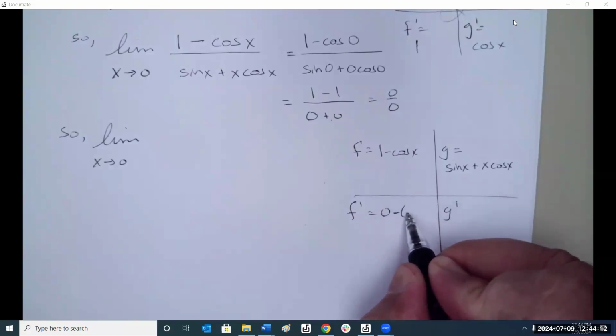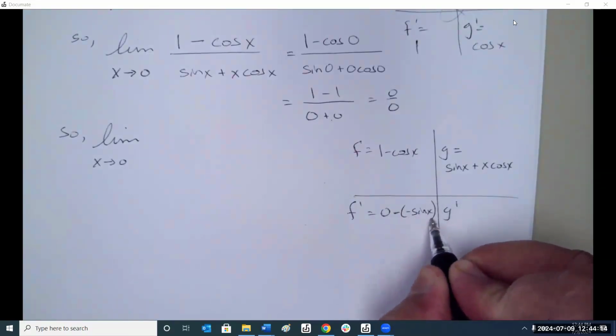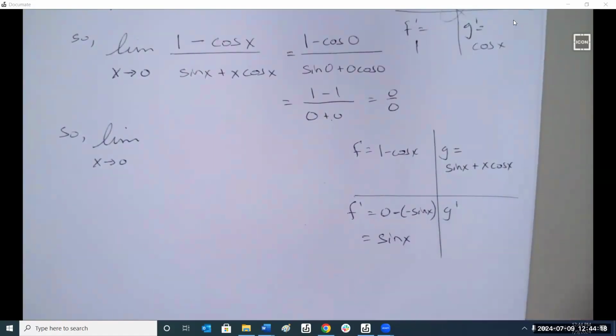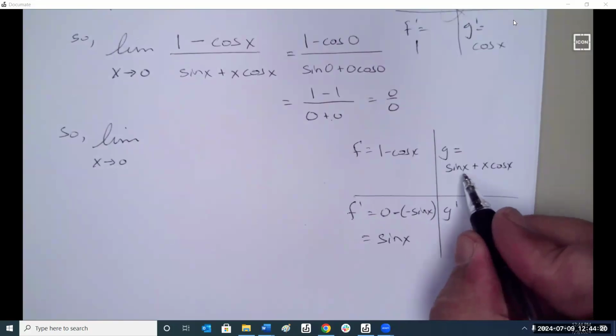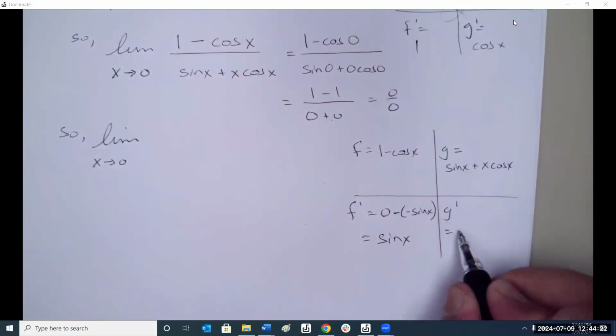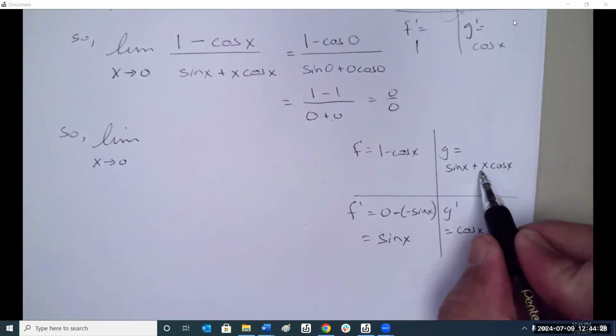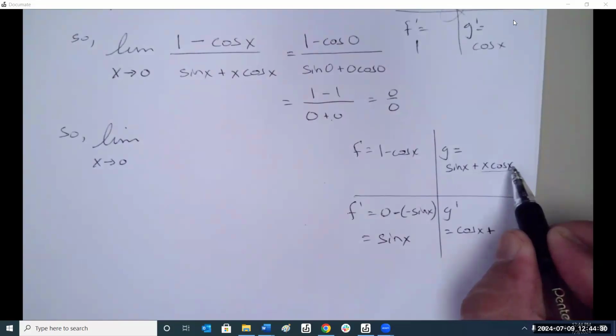Derivative of cosine is negative sine, that equals positive sine. Derivative of sine x is cosine, plus the derivative of x cosine.